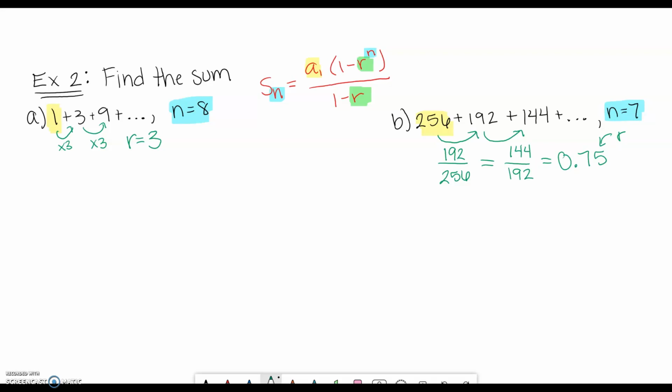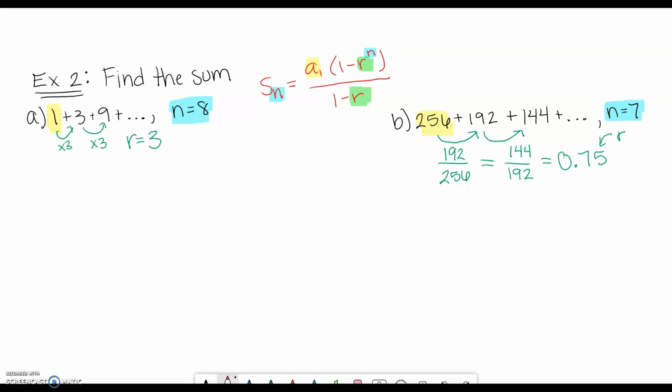Okay, so now we have everything, so we're going to plug it in. So again, a of 1 is the first term, n is the number of terms there are, so there are 8 terms in this series, and then the ratio is what you're multiplying by each time. So now let's go ahead and plug that in.